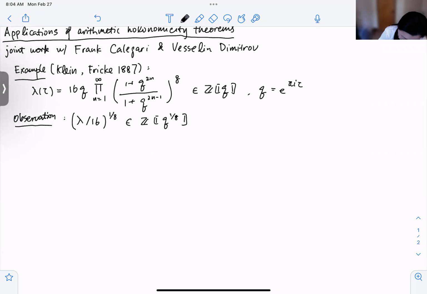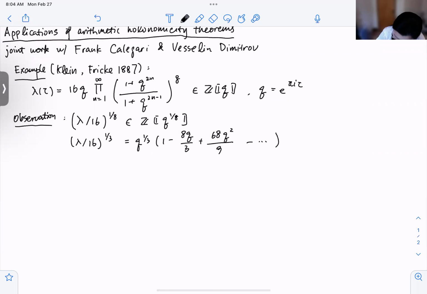But on the other hand, if we take a number which doesn't divide 8, for instance 1/3, let me just write out the first couple of coefficients, to try to convince you that there's a general phenomenon about the denominators.